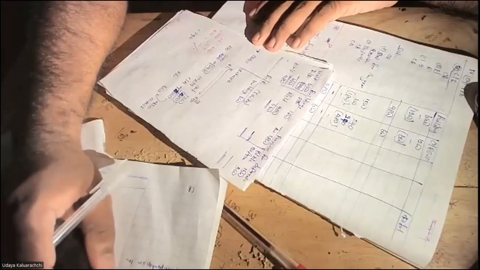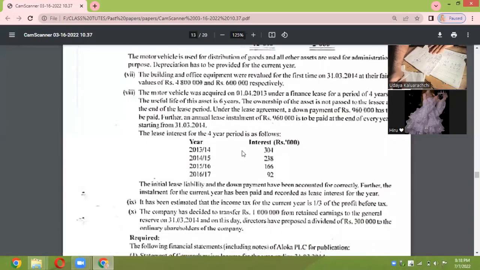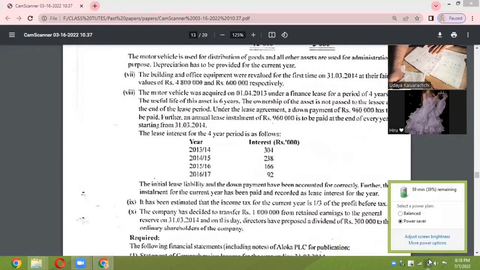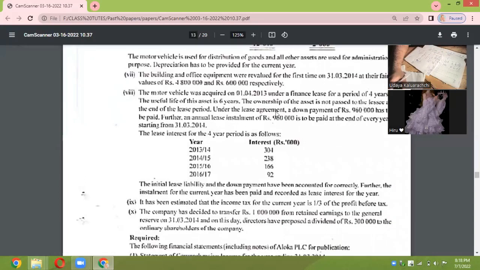Okay. Then next adjustment number 8. Motor vehicles acquired on 1st of April 2013 under a finance lease for a period of 4 years.